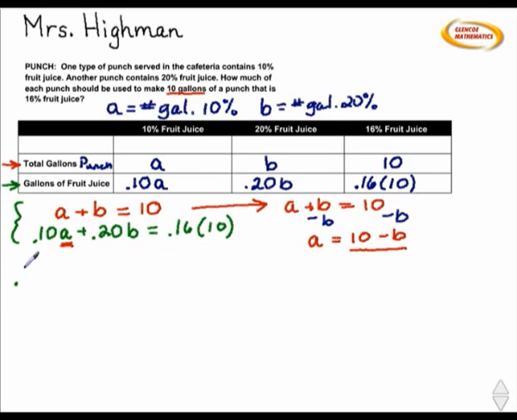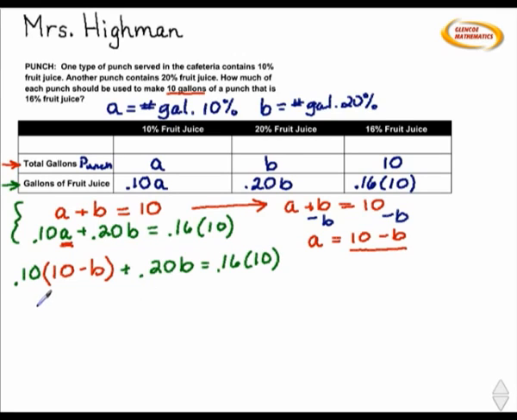So now we have 0.10, and here's where we have A, so we're going to substitute in 10 minus B plus 0.20B equals 0.16 times 10.